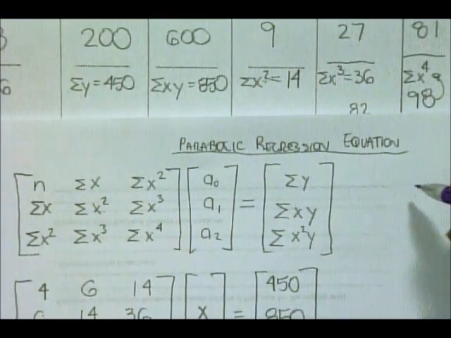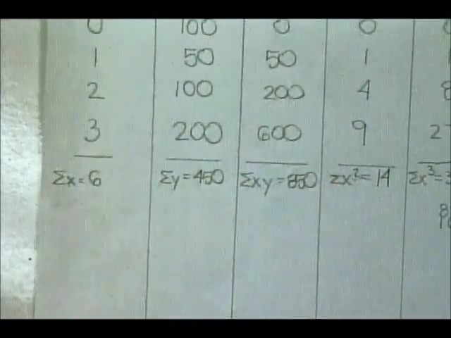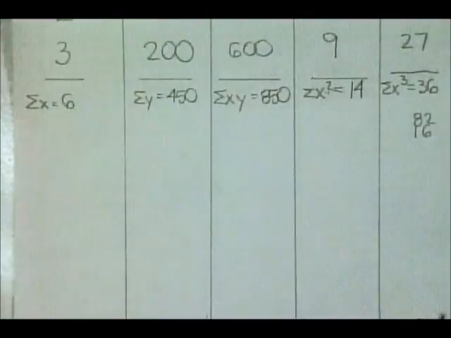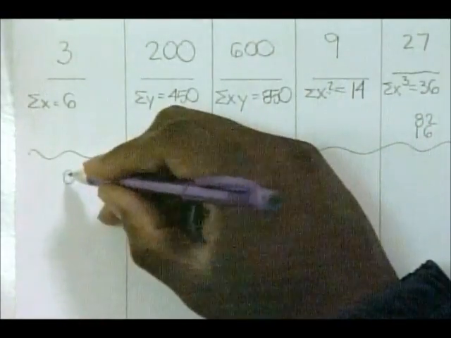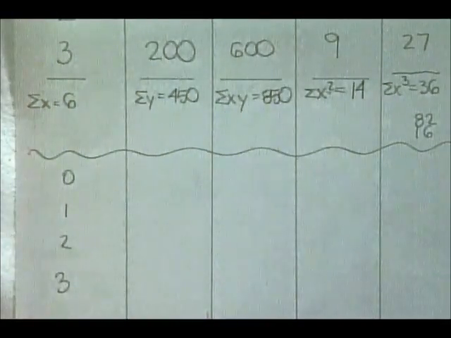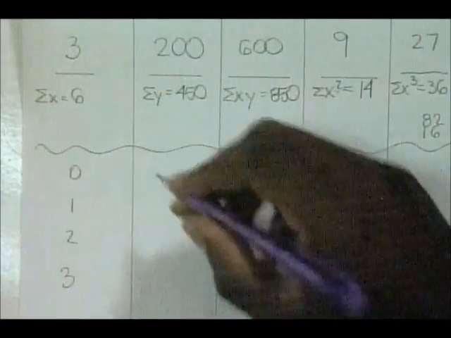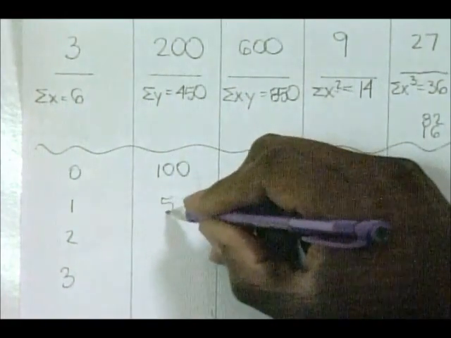But let's do it right now. Let's do it on this form right here. Let's sort of rewrite this. All right. So we got 0, 1, 2, 3. I'm just rewriting the points that I've already given you. We have 0, 100, 150.